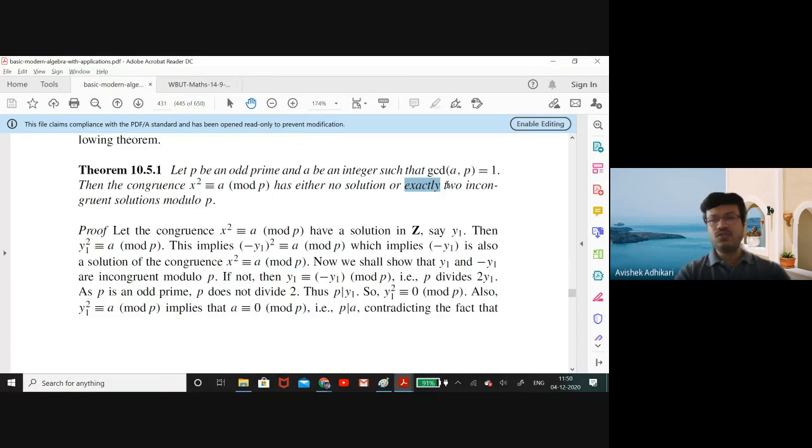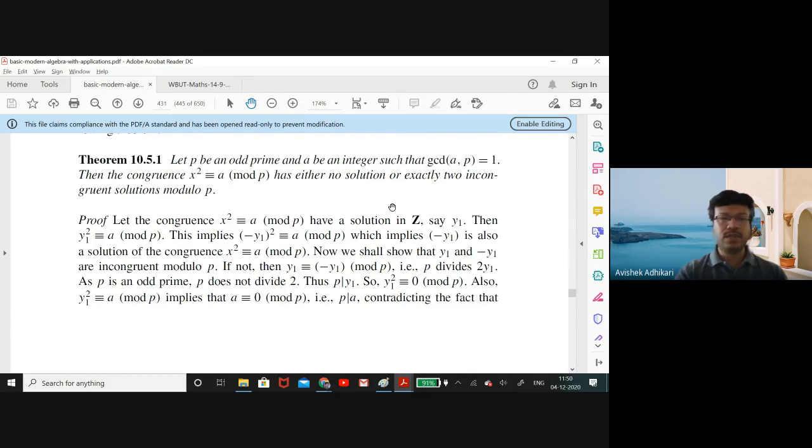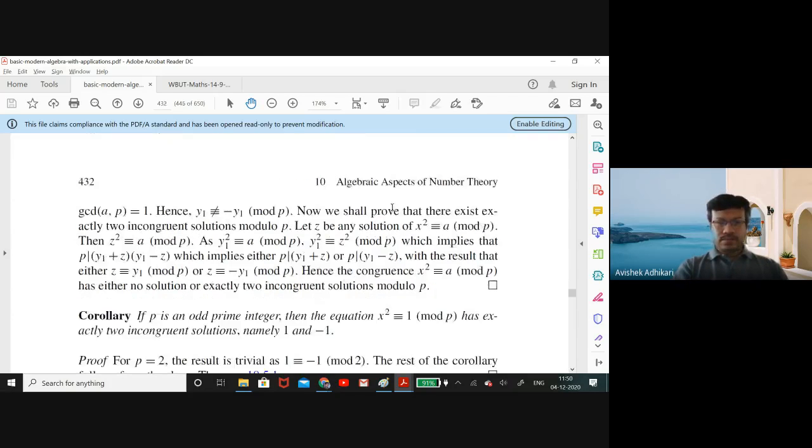We have proved that two solutions are there, but there may be more, so now we will give an argument to justify that there exist exactly two incongruent solutions modulo p.